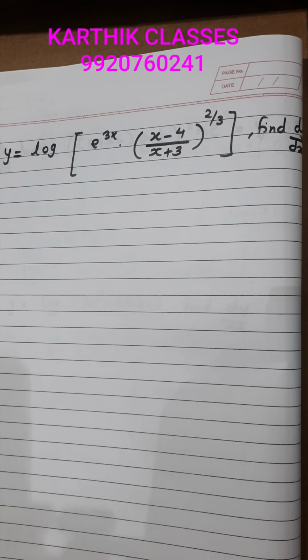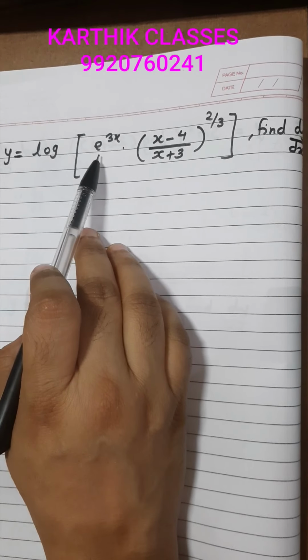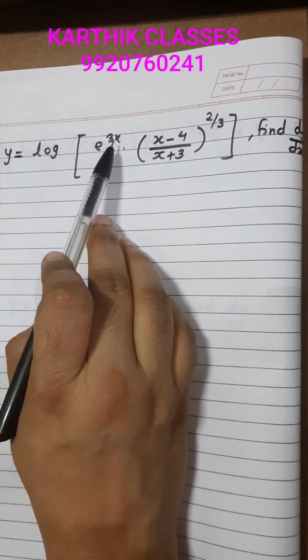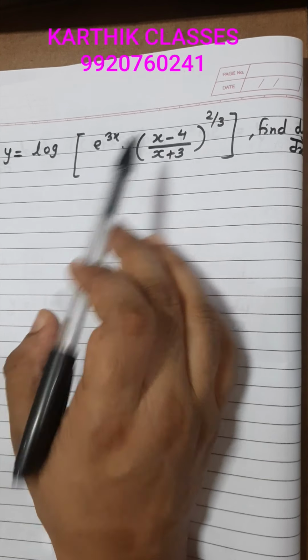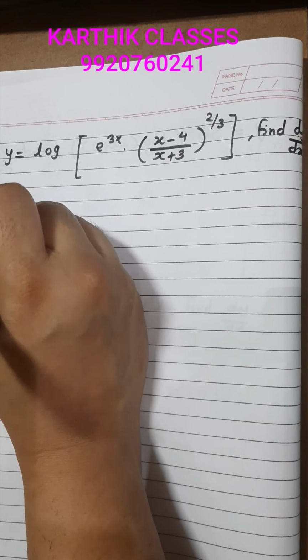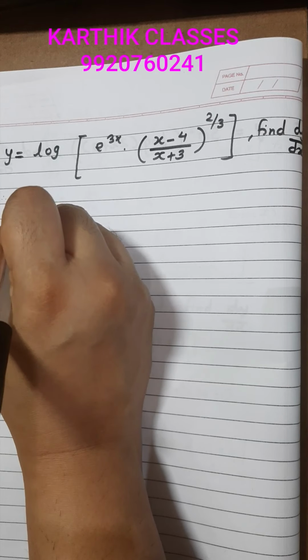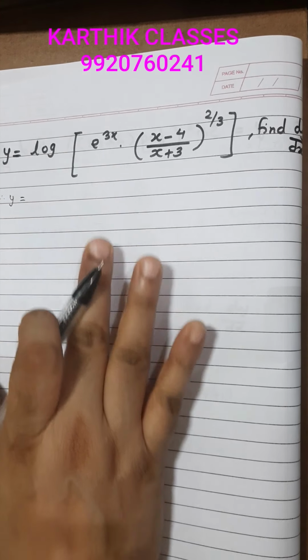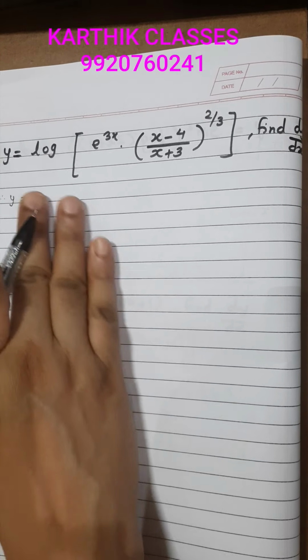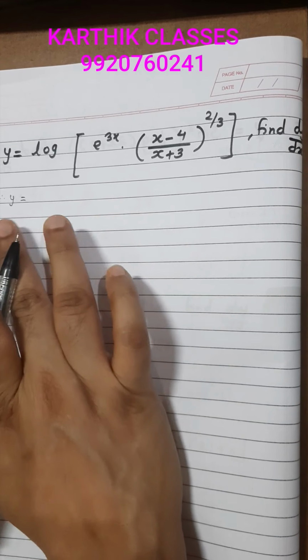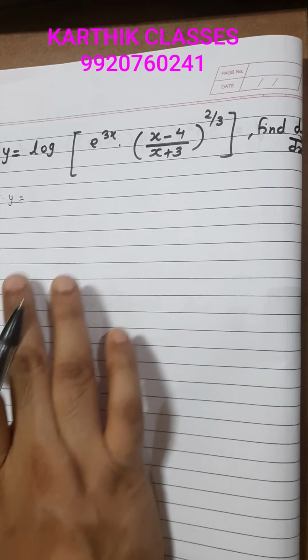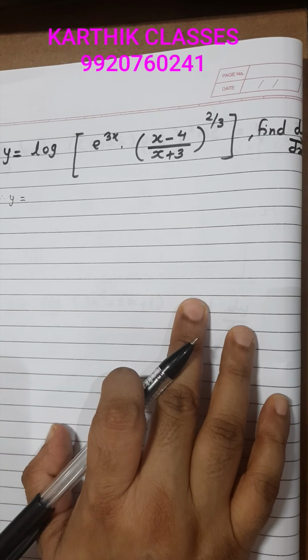Our next example is log of e raised to 3x into x minus 4 upon x plus 3 raised to 2 by 3. So let's see how we are solving this. Therefore y is equal to, so first, before finding dy by dx, in some numericals we need to simplify y first.